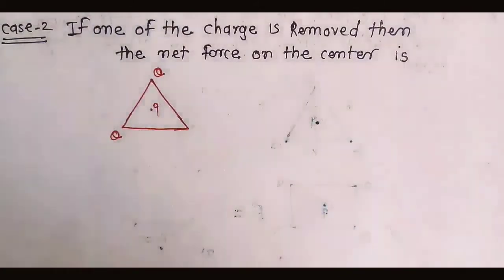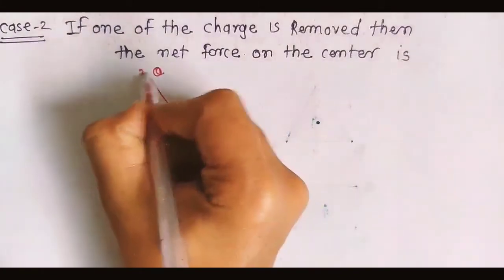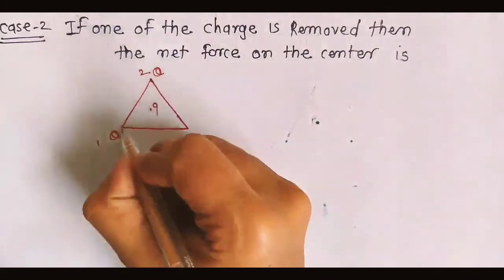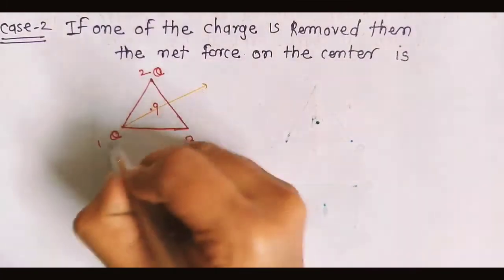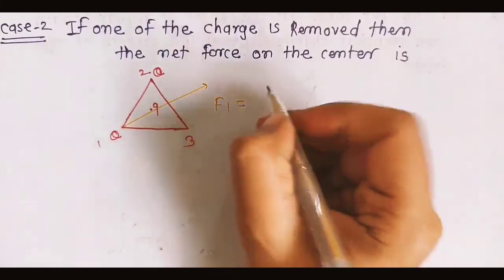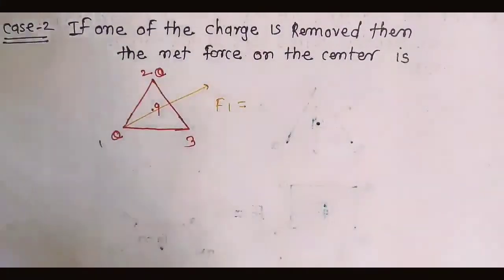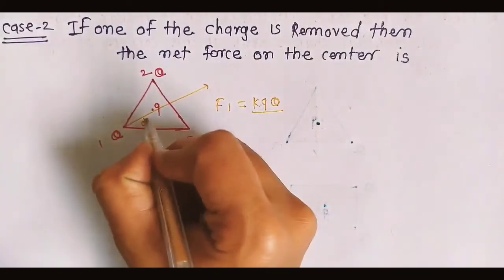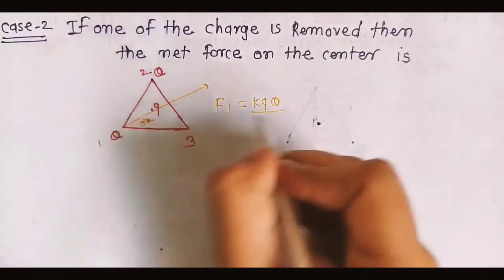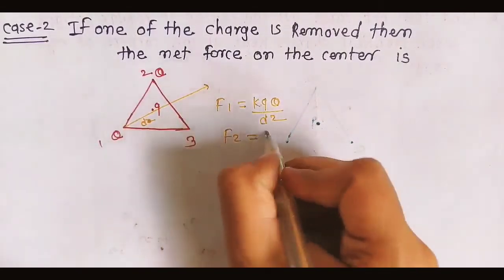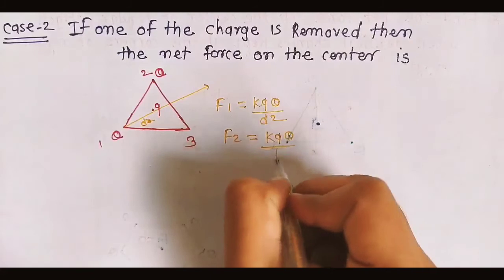This is 1, this is 2, suppose this is 3. So the net force on the charge q due to the first charge q, that is F1, is equal to kqq upon d square, supposing this distance is d. Similarly F2 is equal to kqq upon d square.